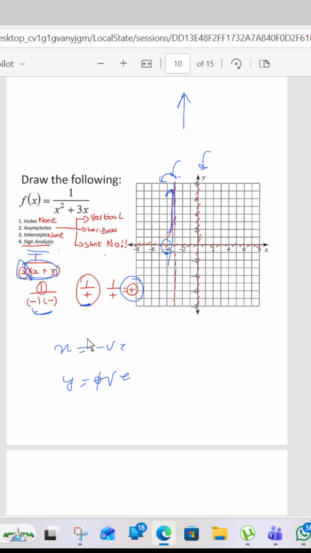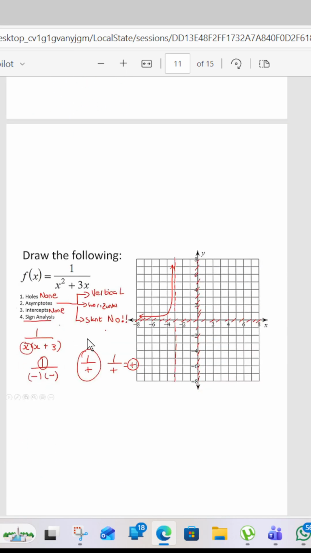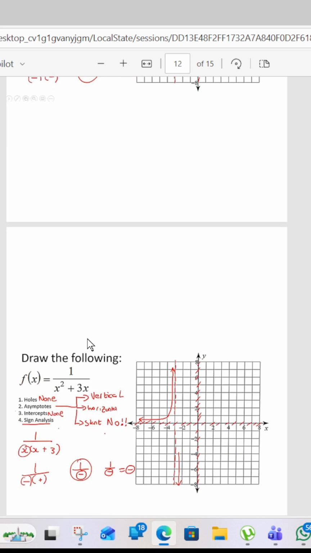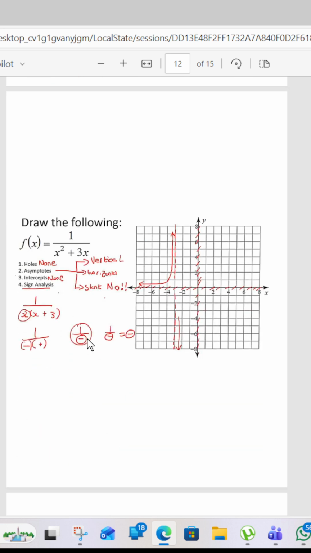Now let's check the other side of this vertical asymptote. Because it is going upward, along the horizontal asymptote it will go in this direction, right? So this is how this side of the vertical asymptote would look. To check the other side, if I take negative 2, I'm now checking this side of the vertical asymptote.